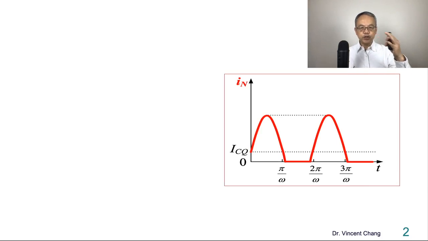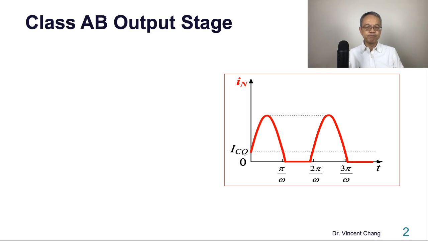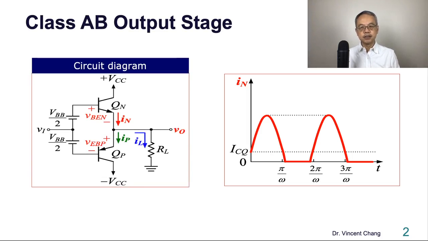So, what kind of output stage is associated with this kind of waveform? Quiescent bias current ICQ, and conduction angle is greater than 180 degrees. Class AB output stage. Here's the circuit diagram we're going to analyze in this video.